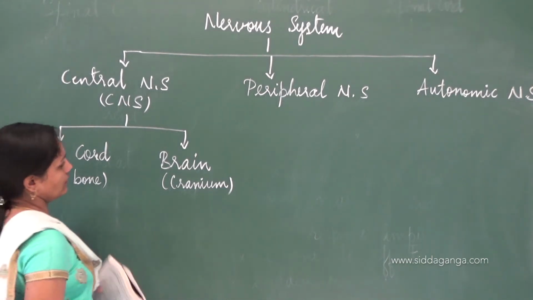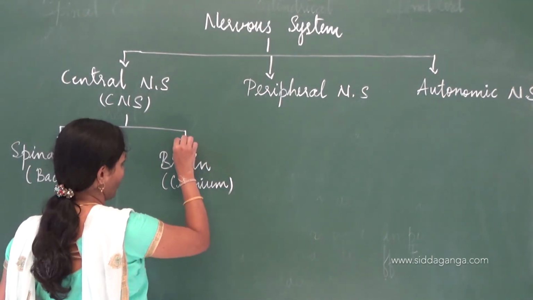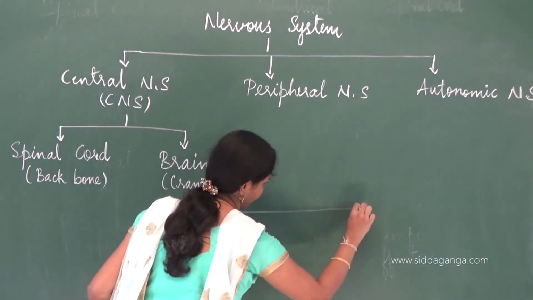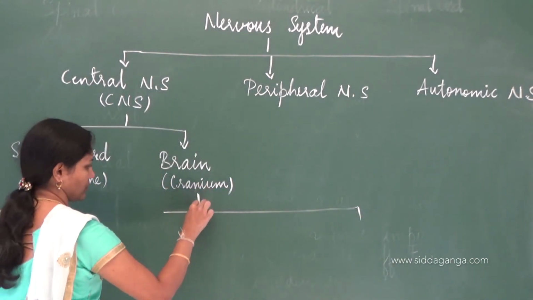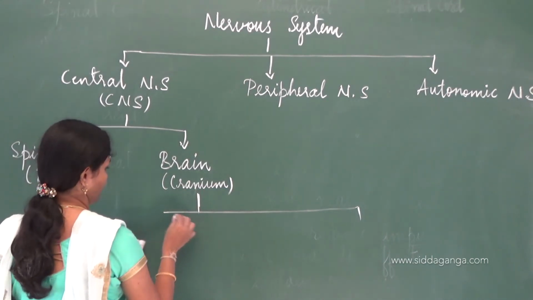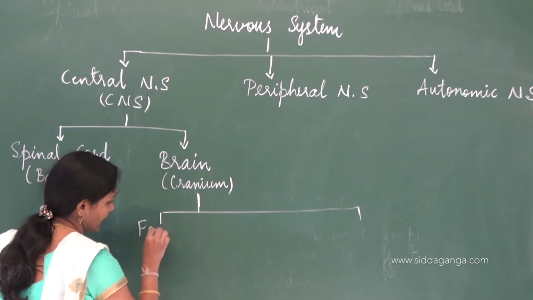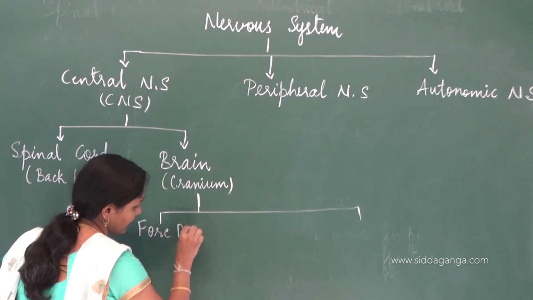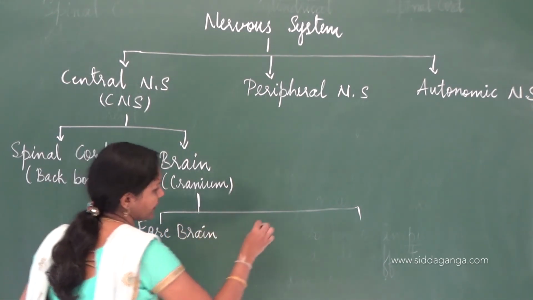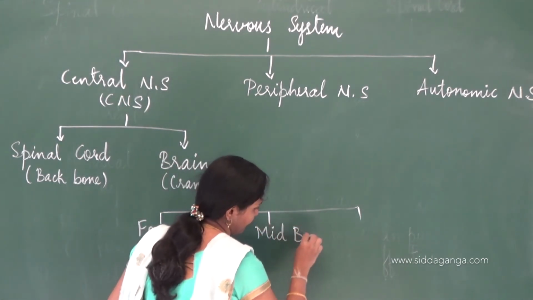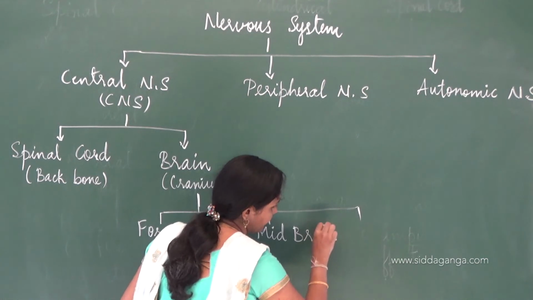Now the flow chart also helps us in understanding the parts of the brain. The brain has three major parts. One is the forebrain, F-O-R-E, forebrain, the midbrain, and the hindbrain.